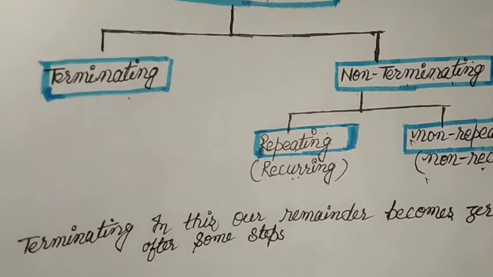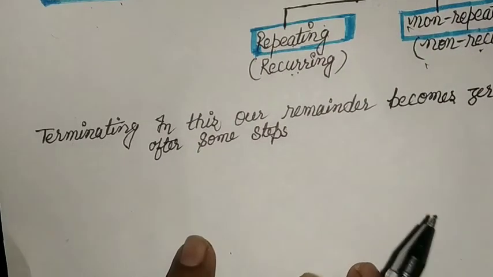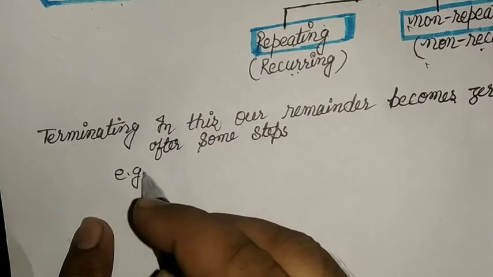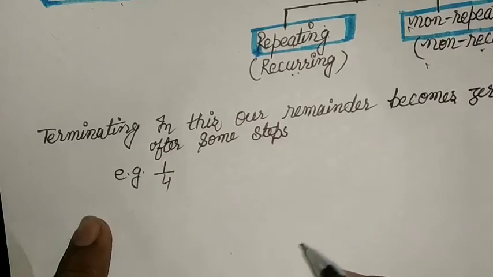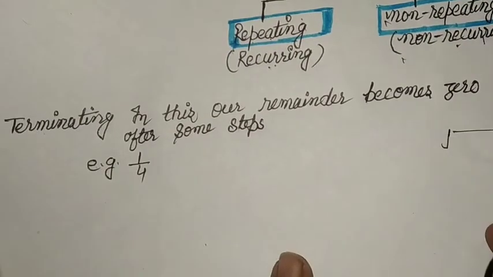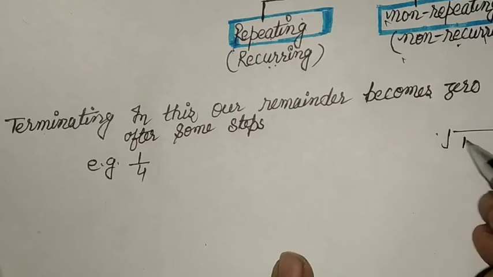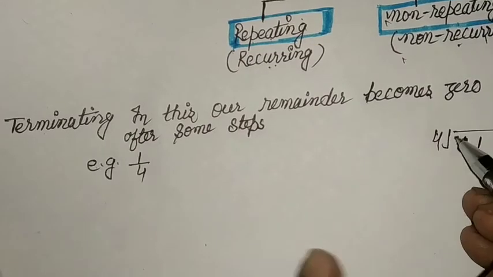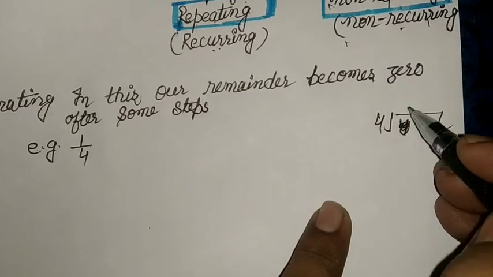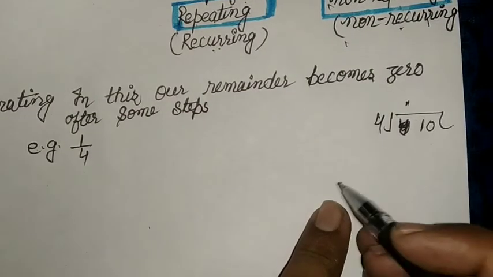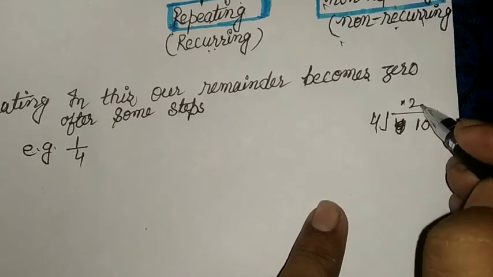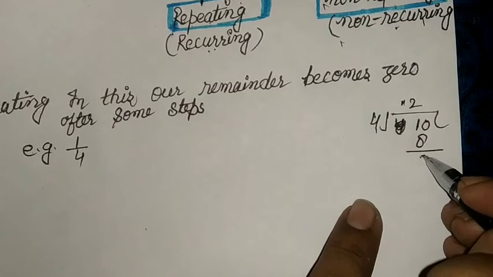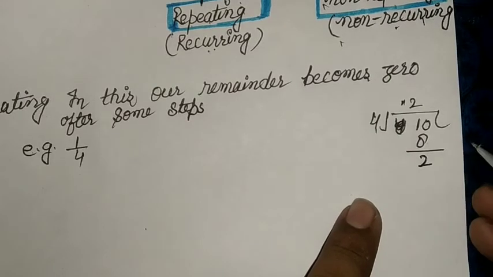Let's see some examples. Here we take the example 1/4. If we divide 1 by 4, first we put a decimal and put 0 here. 4 twos are 8, we will get 2 as a remainder.